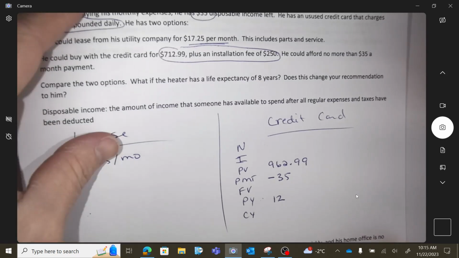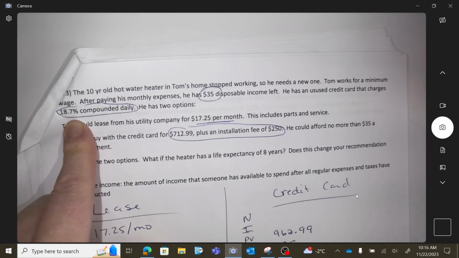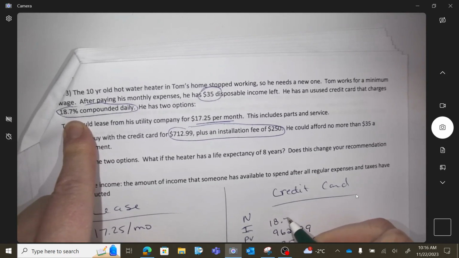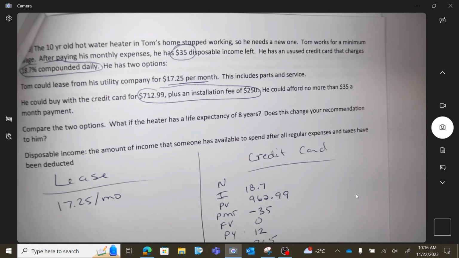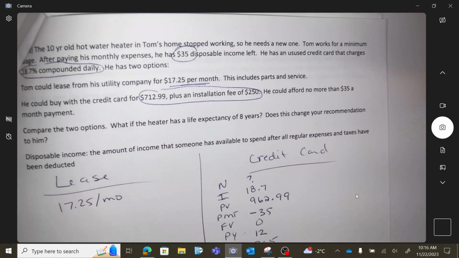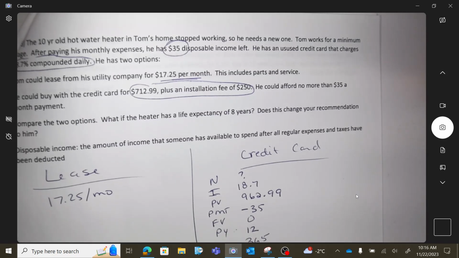Okay, now we got up here the 18.7 compounded daily. How long will it take us to pay this off? Okay, go ahead.